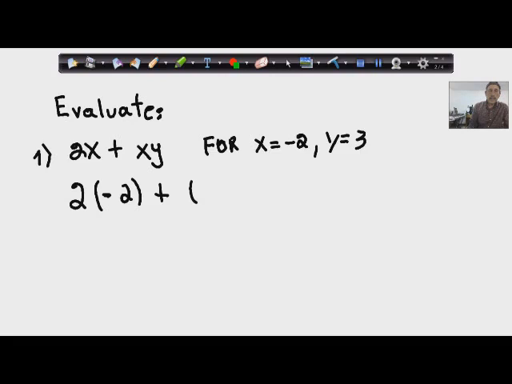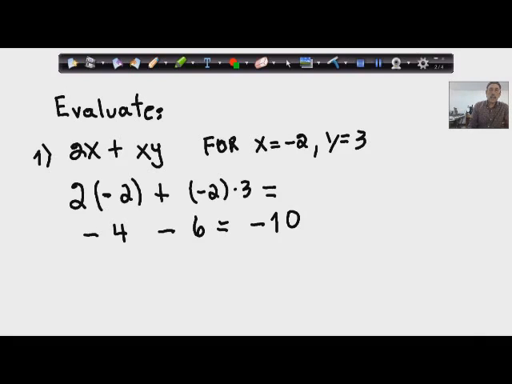Minus 2 times 3. And we can proceed to compute right away. That's minus 4, plus times minus equals minus. The same goes here. Plus times minus, that's a minus 6, which makes minus 10.